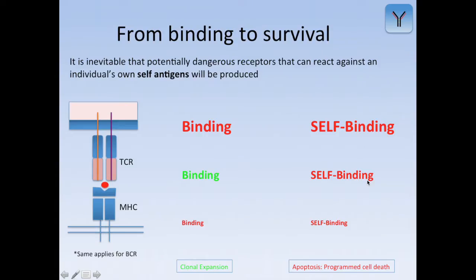And for the binding and survival, this is also very key, because it is inevitable that potentially dangerous receptors can react against an individual's own self-antigens that will be produced. So essentially, these T cell receptors, when they're made, have a lot of variety at the ends here, this piece right here and this piece right here.